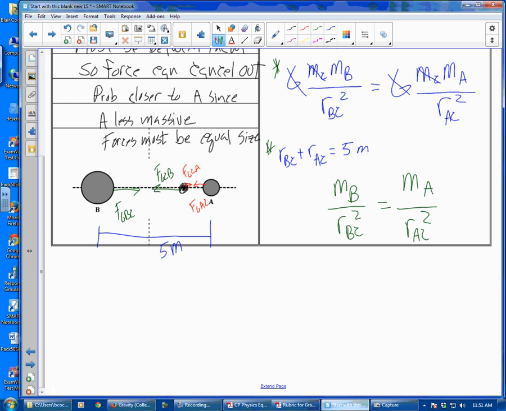So for mass B I'm going to put in 6m over RBC squared, and for mass A I'm going to put in 2m over RAC squared. Is there anything now that I can cancel out? Anything the same on both sides? What about m? Can I cancel out m?